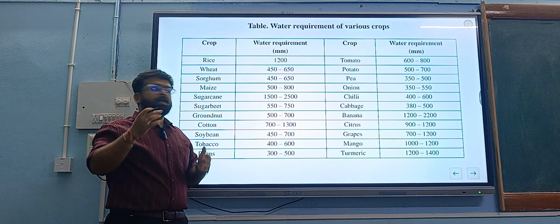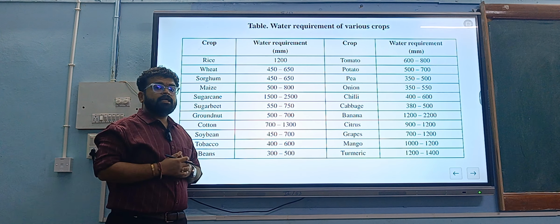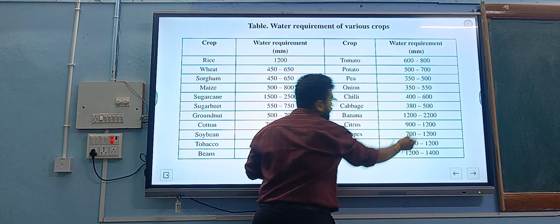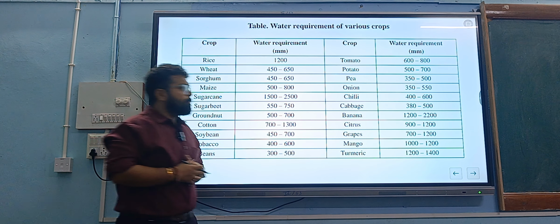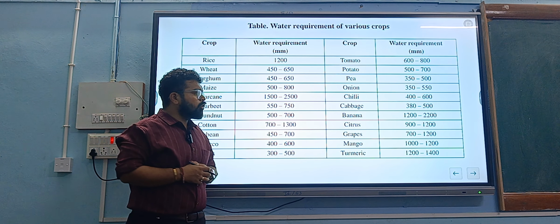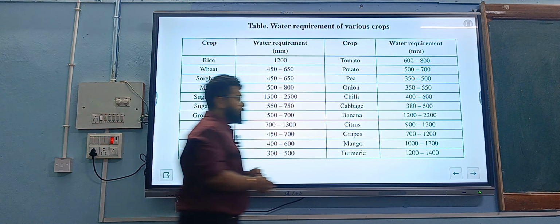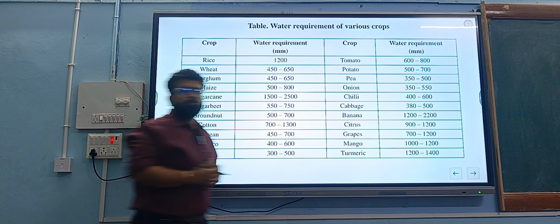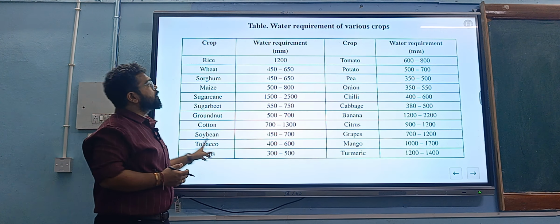Citrus, these are perennial crops, requires yearly around 900 to 1200 mm of water per tree. Grape requires around 700 to 1200 mm. Mango requires 1000 to 1200 mm. Turmeric also requires a high amount of water, around 1200 to 1400 mm.